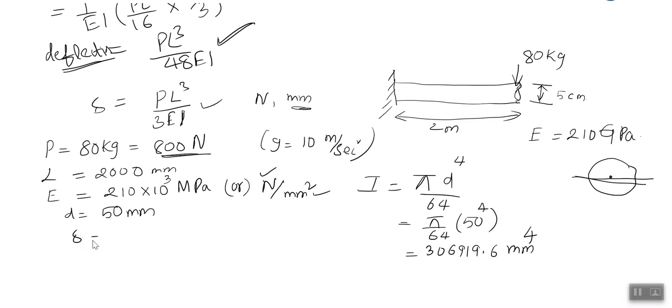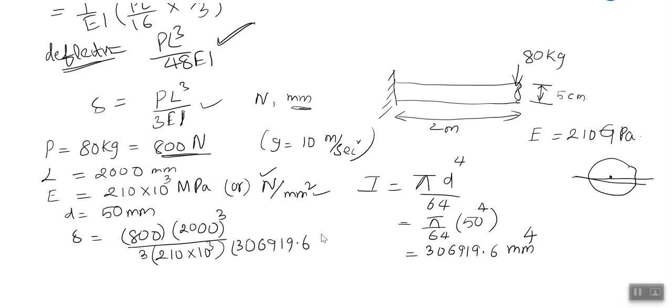The deflection delta is equal to P which is 800, into L cube which is 2000 cube, by 3 times Young's modulus 210 into 10 cube, into the I value, pi d power 4 by 64, which is 306919.6.